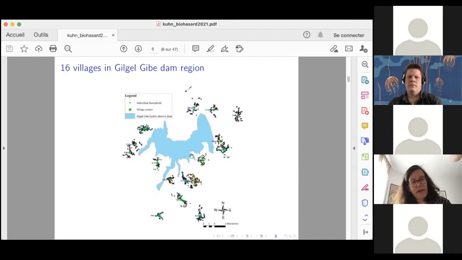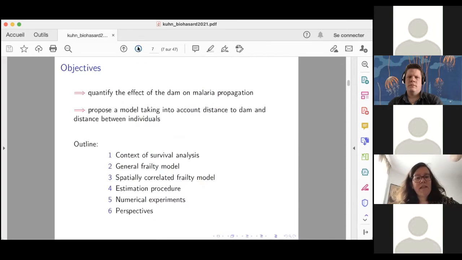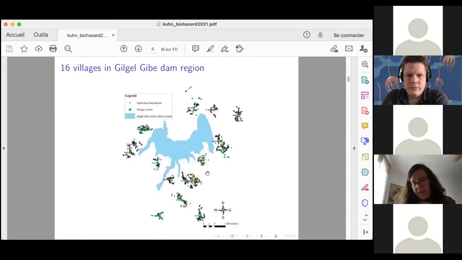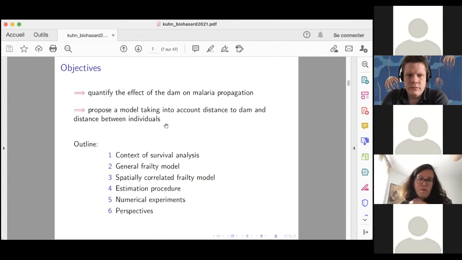So the objective is to propose a model which takes into account the distance to the dam, possibly as a covariate, but also the distance between individuals, and so to quantify the effect of the dam on malaria propagation.